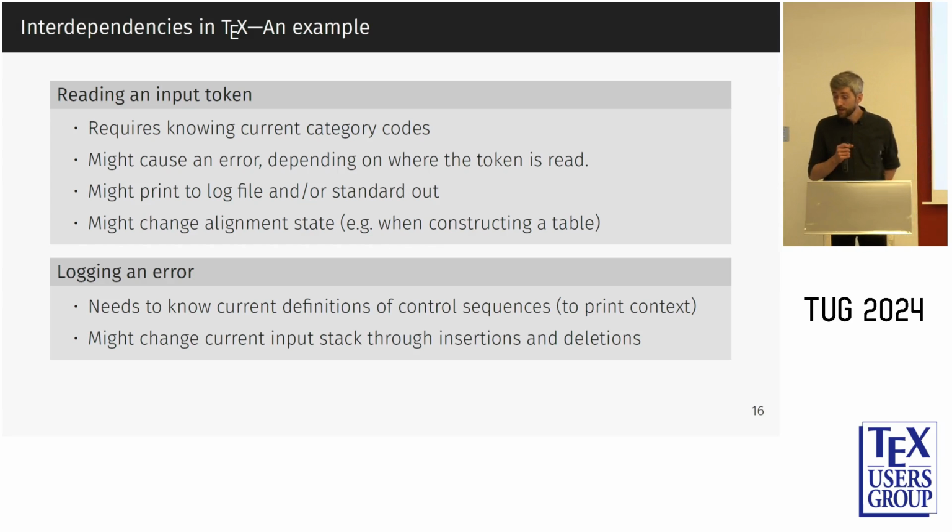And again, if you log an error, you need to know what the current input stack is, because you might interactively add or delete from the input stack. And you need to know the current definition of certain control sequences if you print the current context. So it wasn't really easy, or it's not quite feasible, to really separate parts.